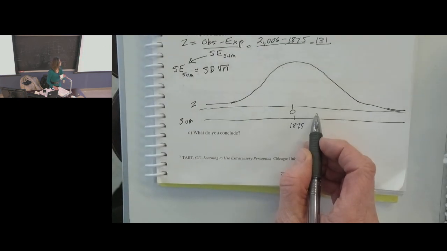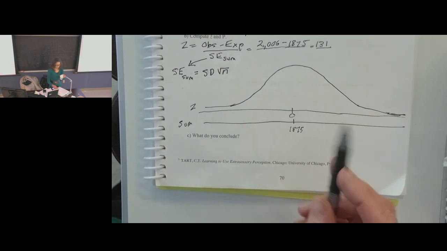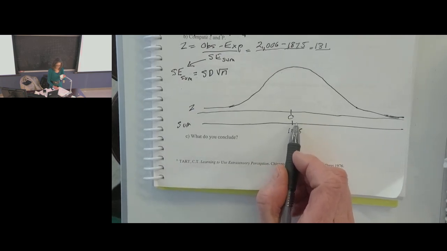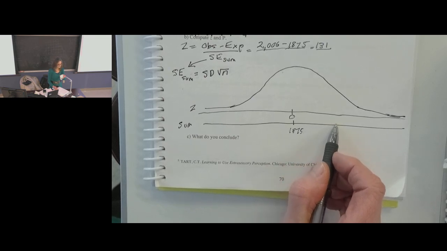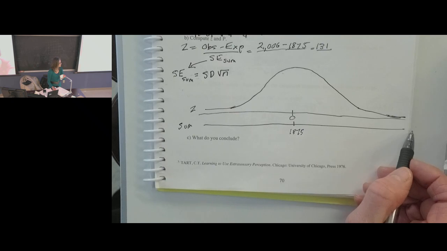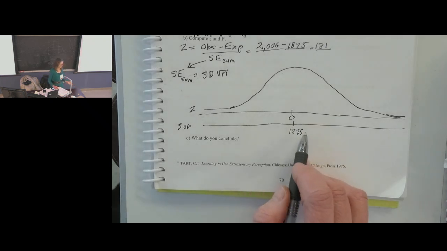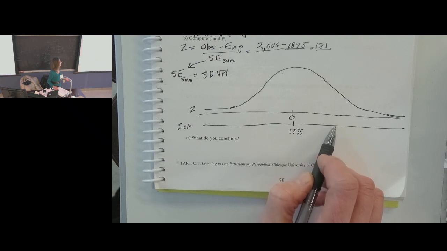Just by our intuition, we know it's up here somewhere. Is it around here, here, here? Just intuitively, where do you think it would be? I guess you have no idea, and that's why we need statistics, right? Because you really don't know. My intuition told me it would probably be around there somewhere. I don't know. It doesn't seem that unusual.